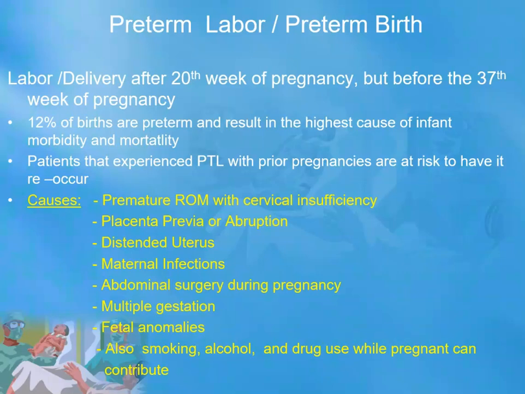If you have more than one baby in that uterus and it weighs really heavy, it can get irritable and start contracting early. Fetal anomalies. Anything that's abnormal about this fetus could put you in preterm labor. Smoking, alcohol, and drug use while pregnant can also contribute to making them high risk to have preterm labor.